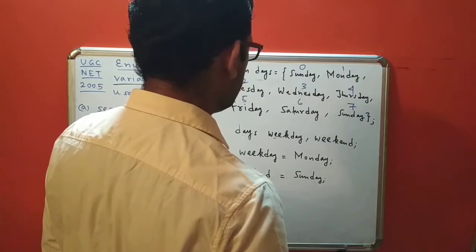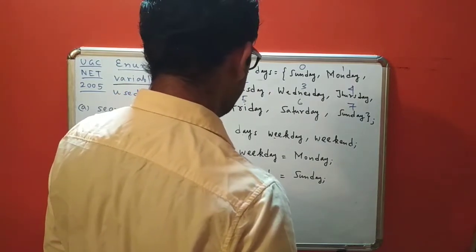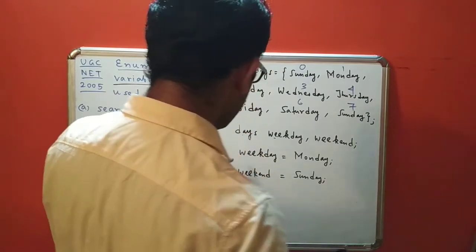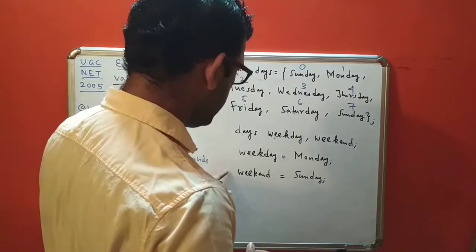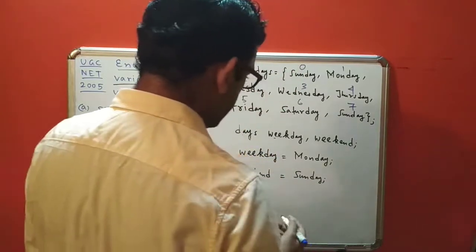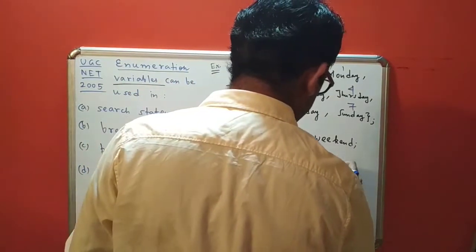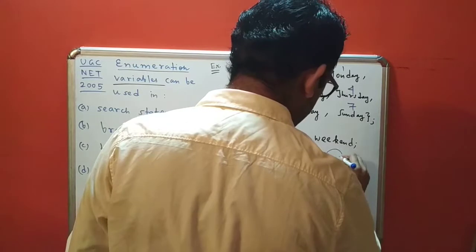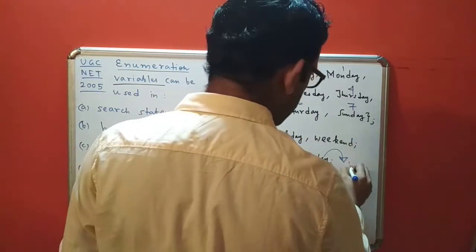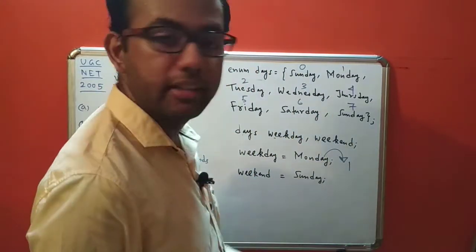And one more thing that I would like to point out in this case is that I've written weekday equal to Monday, weekend equal to Sunday. Could I write something like this? Could I have written 1 in place of Monday? Will this result in an error?